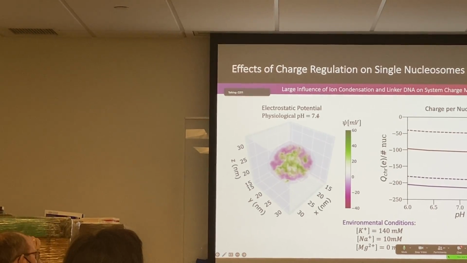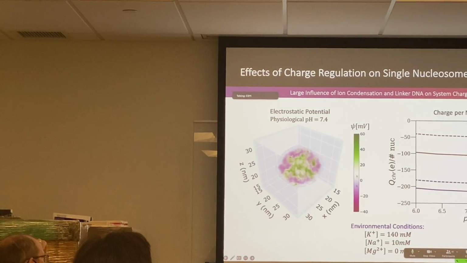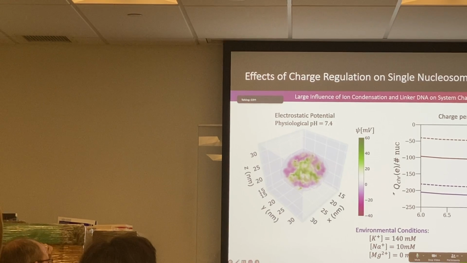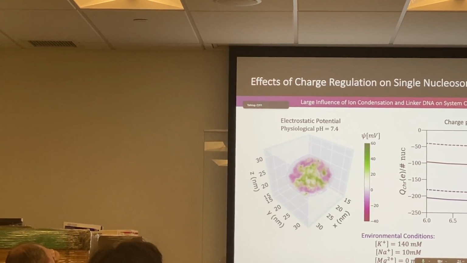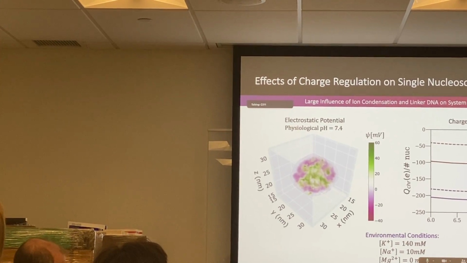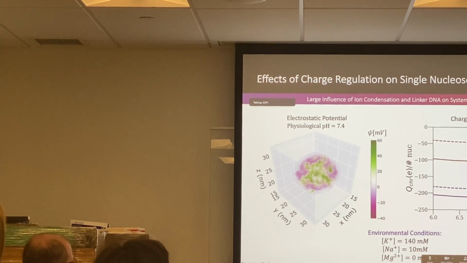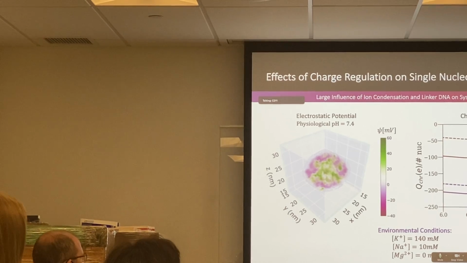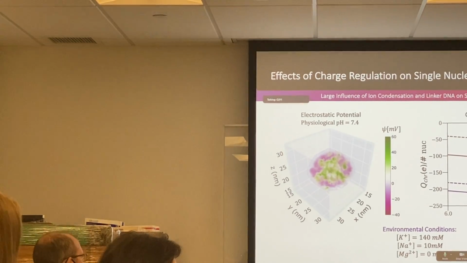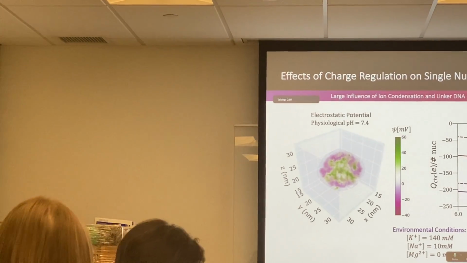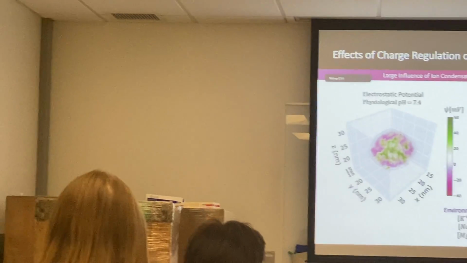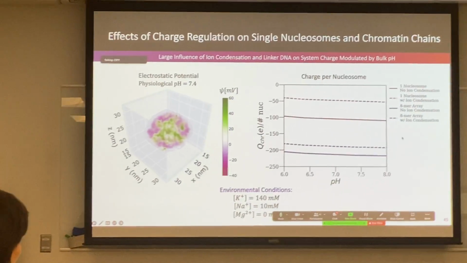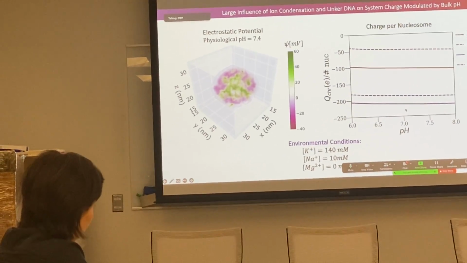And first of all, what we see is that the charge per nucleosome is slightly responsive to changes in bulk pH and fluctuations potentially around physiological conditions. And even though this doesn't look like large changes in the charge state, compared to changes in the DNA phosphate state within this regime, you wouldn't see anything, because this change here is due to the chargeable behavior of the amino acids.